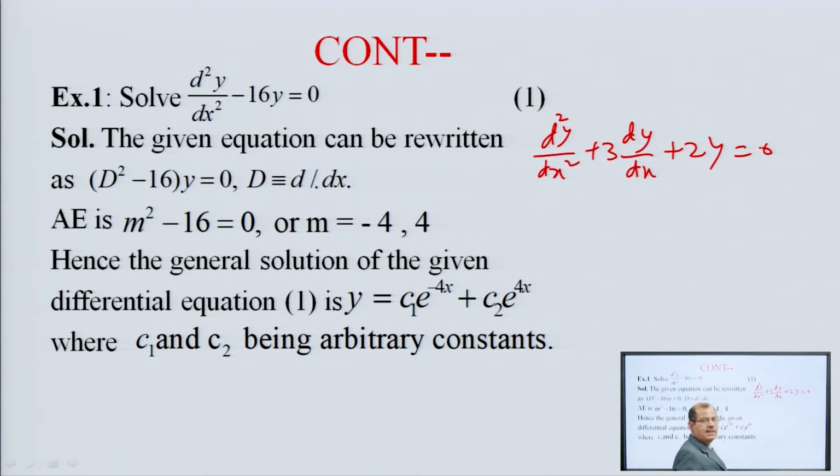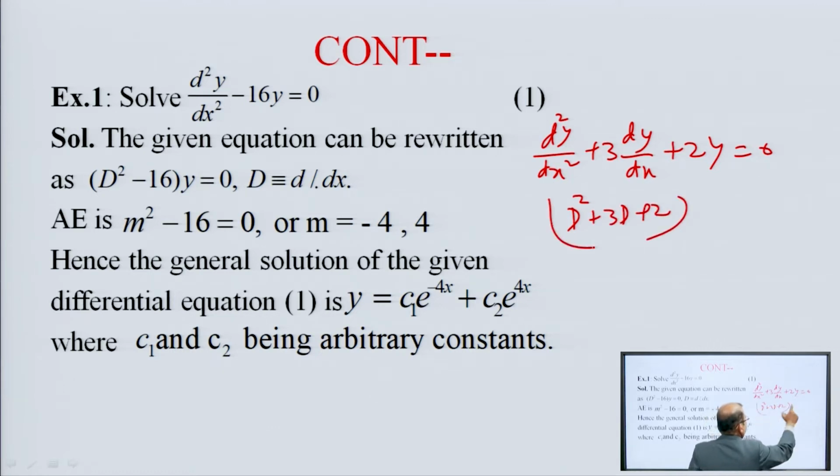It is a second order differential equation, so we convert it into operator form: d square plus 3d plus 2 y is equal to 0, where d stands for d by dx.